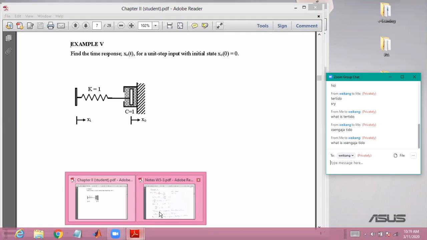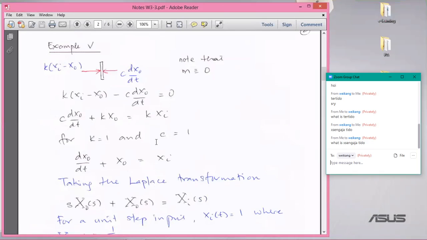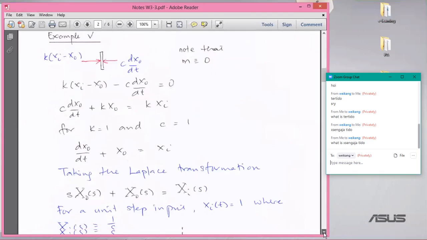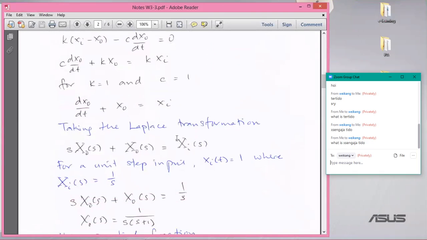Substitute that into our model. For k equal to 1 and c equal to 1, our differential equation simplifies to a first order differential equation in terms of xo, with the input variable xi. And then we take the Laplace transformation of that.